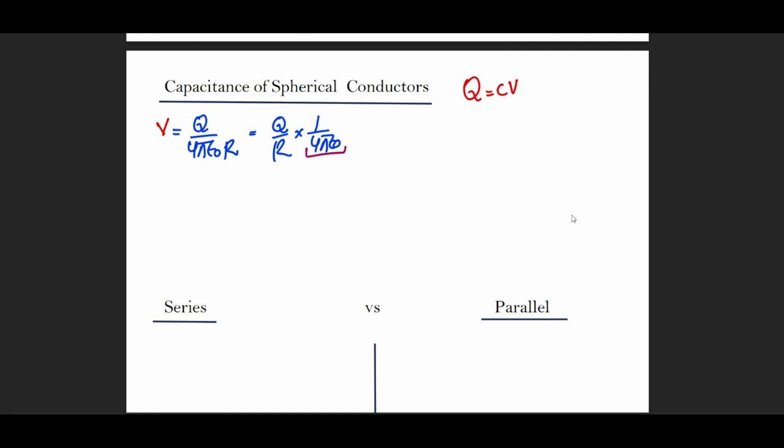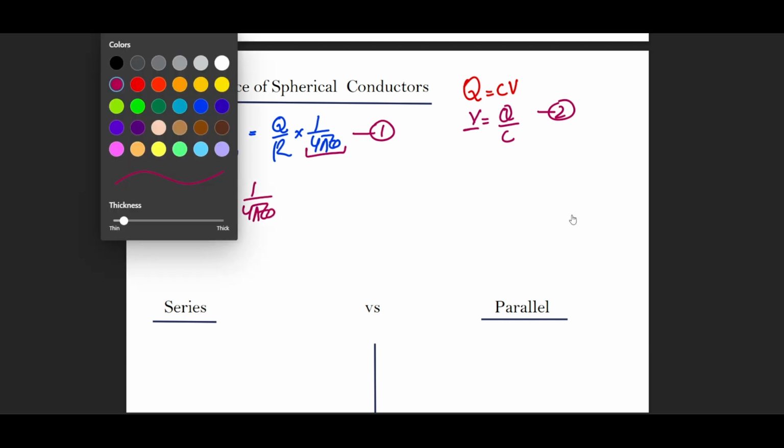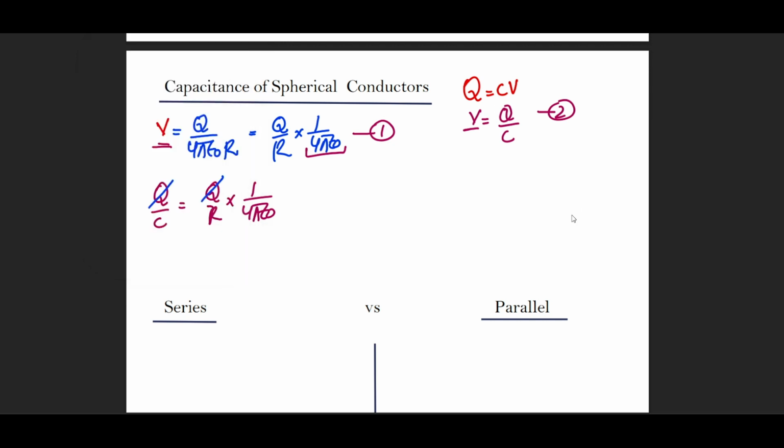We also know the equation V is equal to Q divided by C. If you equate equation 1 and equation 2, because V is the same for both, we land at Q divided by C is equal to Q divided by R multiplied by 1 over 4 pi epsilon naught. The Q gets cancelled out, and if you cross multiply, you end up with capacitance equal to 4 pi epsilon naught R.